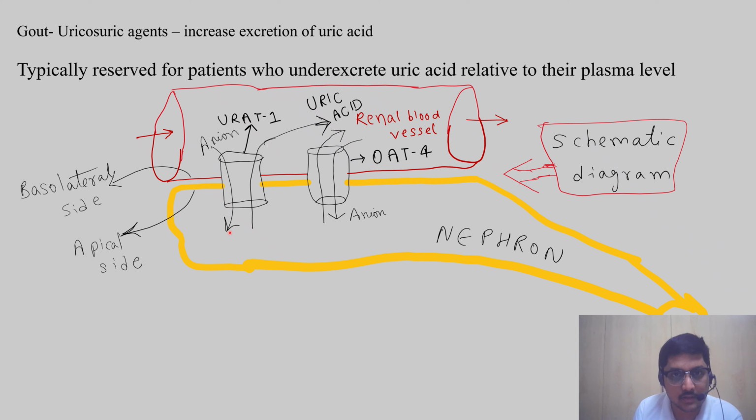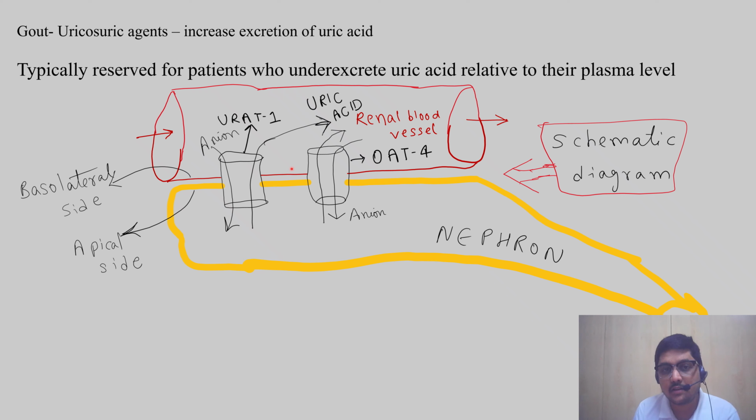These transporters move the uric acid from the nephron into the blood vessel, right? We call it reabsorption. Both transporters work for the exchange of some anion. So our task is to block this from the apical side so that uric acid is not reabsorbed.